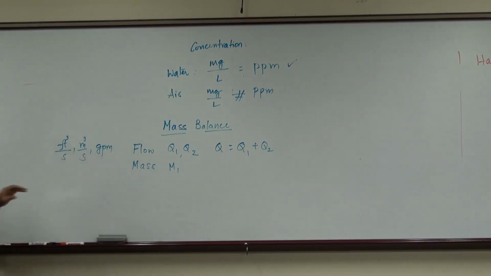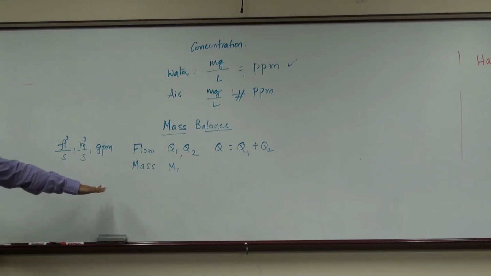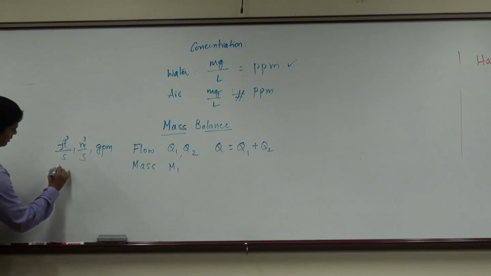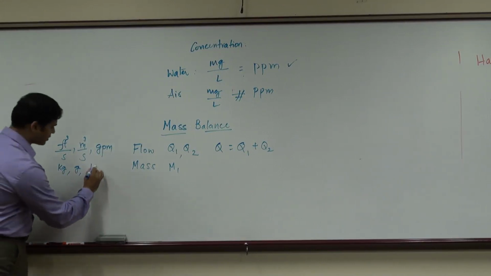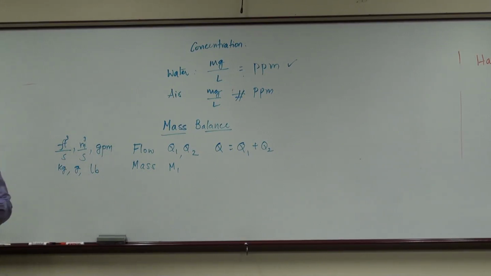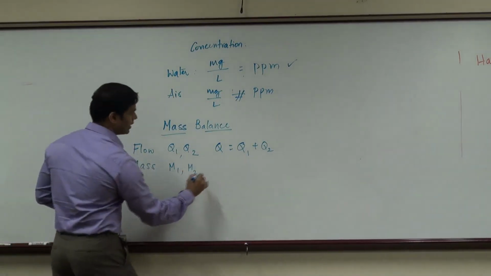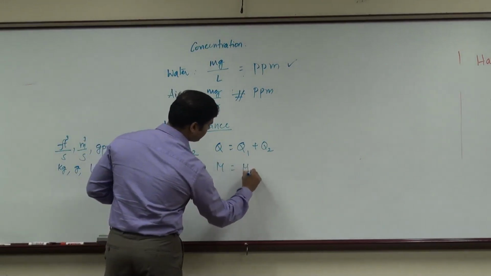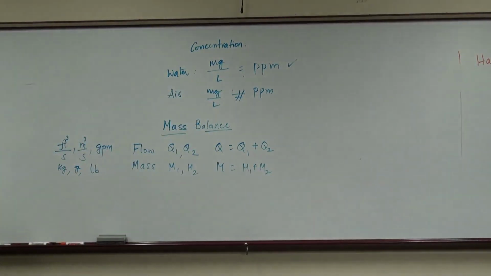All of this. What's your mass? The point I'm going through all of this is that you can make some fundamental mistakes that can give you wrong answers. Mass is kilograms, grams, anything, right? Pounds. All right. So if I have mass 1 and mass 2, can I add them? Is that okay to add them?